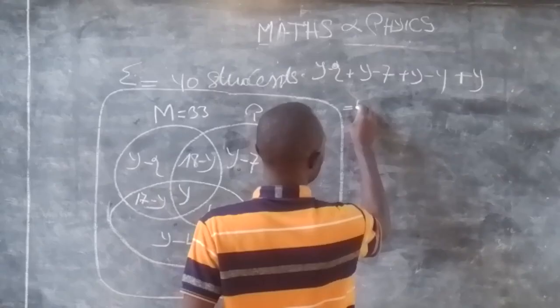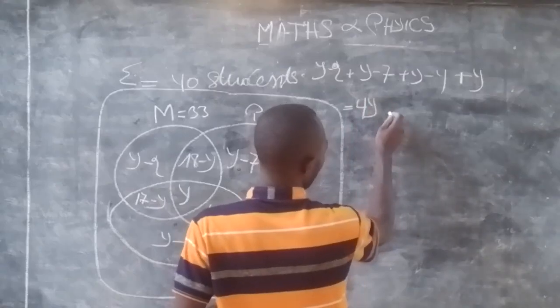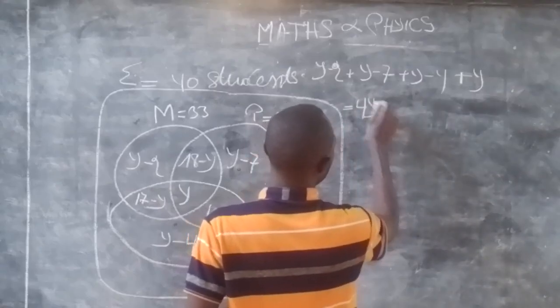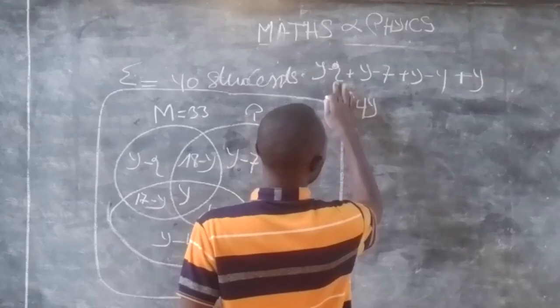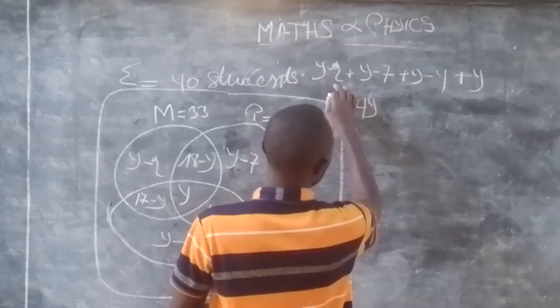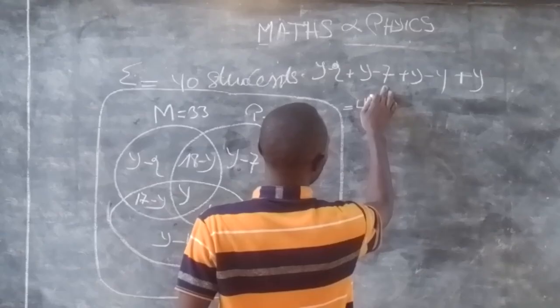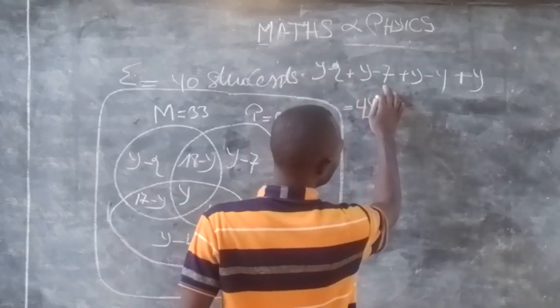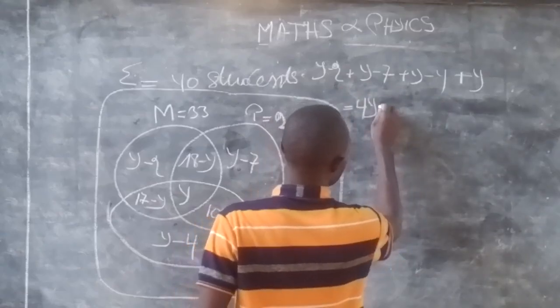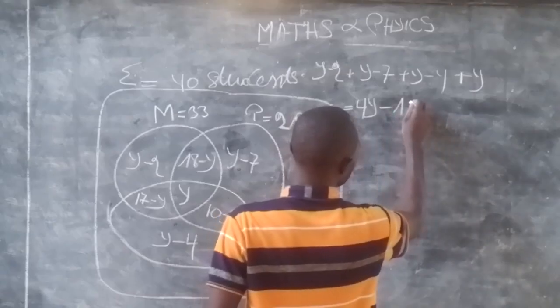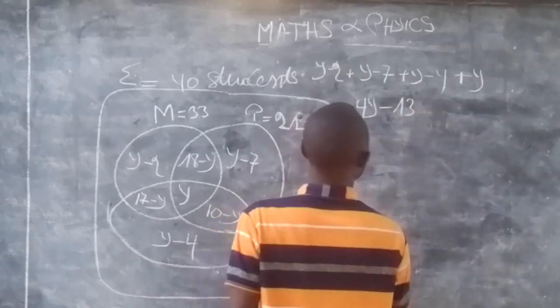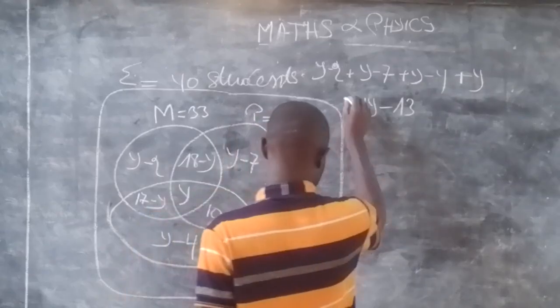Here we have a 4y negative, this is negative 2, negative 7, negative 9, negative 13. This is one equation.